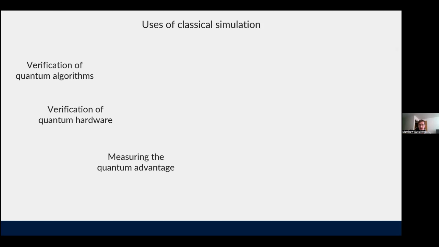Measuring the quantum advantage, this is a big one. If you're running your quantum algorithms on quantum computers, it can be very handy to know, if you were to run the equivalent algorithms classically, how much improvement are you actually getting from the quantum advantage from having these quantum computers? So you can run it on classical hardware and quantum hardware to measure this.